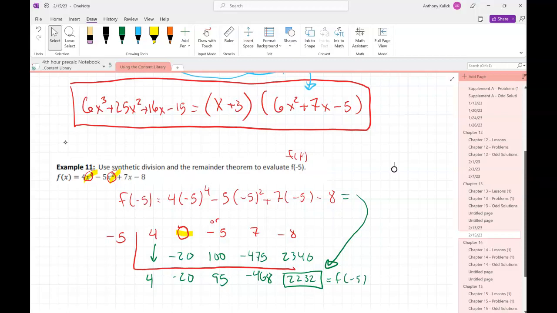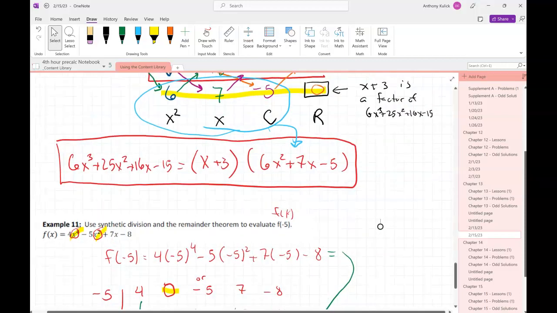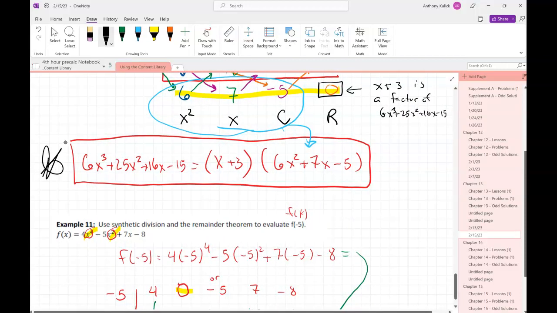That's what we're going to be talking about for the rest of the lesson. I can use synthetic division to do factoring, like we saw up here in this example. But in that example, we're told that x plus 3 was a factor. What if we're not given that piece? How can we figure out what are potential factors? What should I start my synthetic division with?